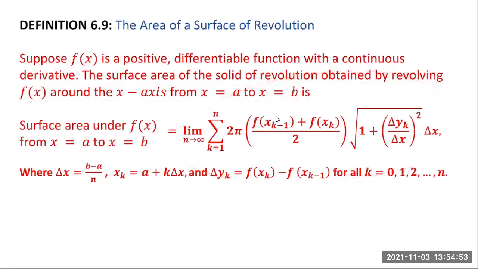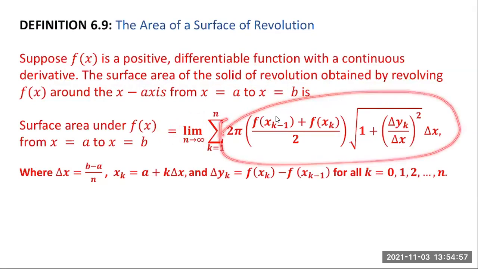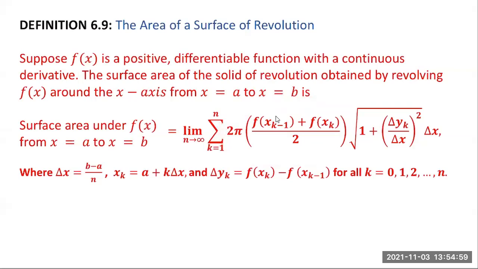This is equal to the limit as n goes to infinity of the summation of this thing. And here, this delta yk, as before, is f of xk minus f of xk minus 1. And of course, these are defined the same way that we have been defining them in the past.